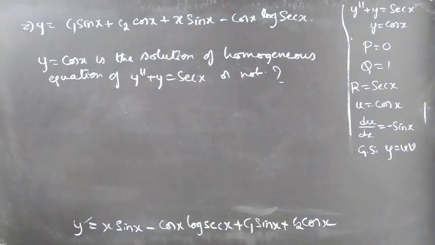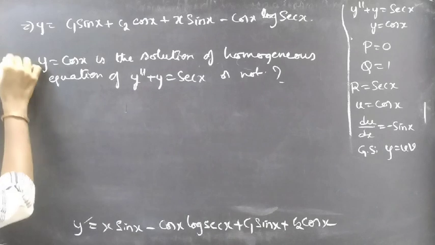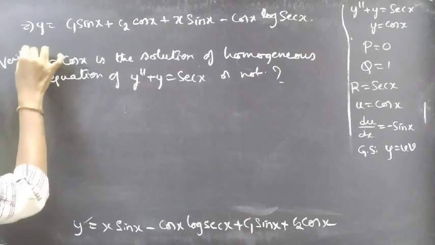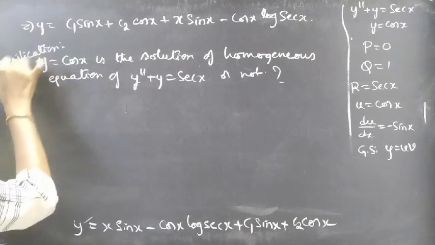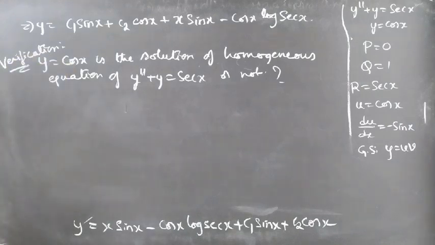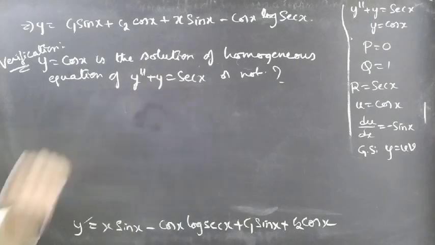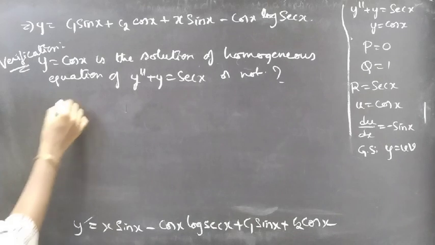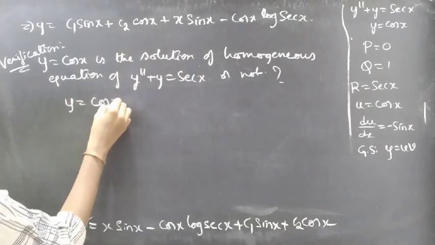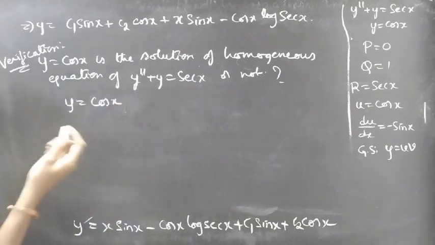This is the verification part. If we have any doubt whether y equal to cos x is a solution of the homogeneous equation of y double dash plus y equals secant x, or whether y equal to cos x is a part of the CF of the non-homogeneous equation or not. Okay. So we have y equal to cos x. We are going to verify it.